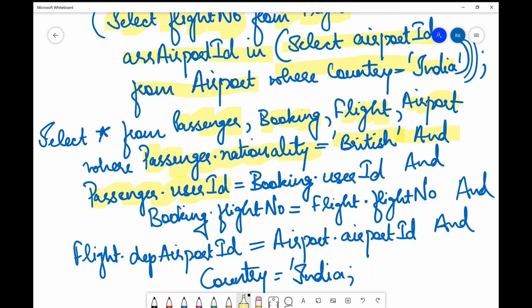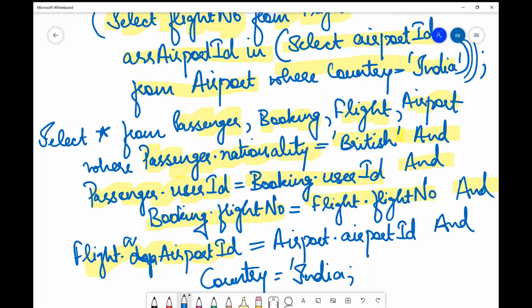Passenger dot user ID equals booking dot user ID, and booking dot flight number equals flight dot flight number, and flight dot departure airport ID. Sorry, it should be arrival airport ID over here.